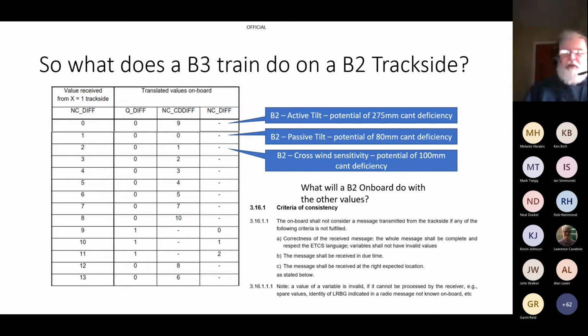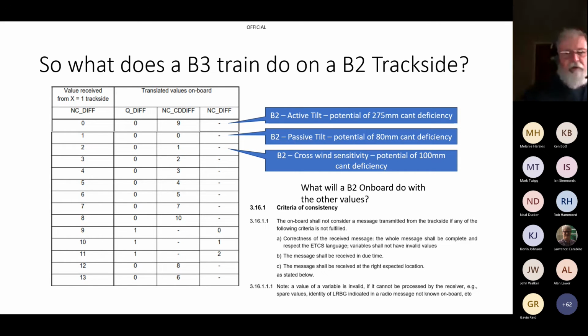And if you look in the baseline 2 specs, then NC_diff 3 to 13 are defined as spare. That presumably means they're invalid, and if they're invalid, and it says so in fact in the clause at the bottom, then you should generate an error.